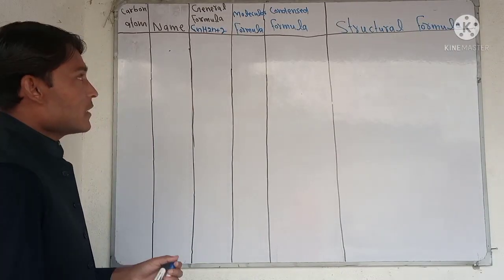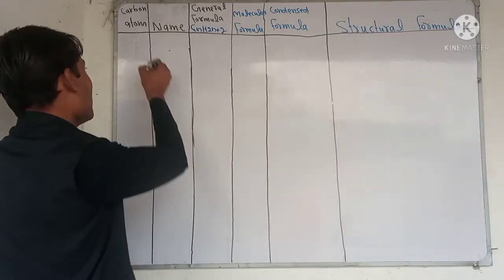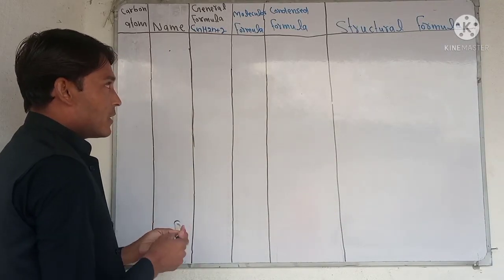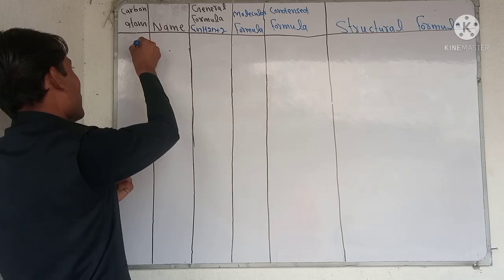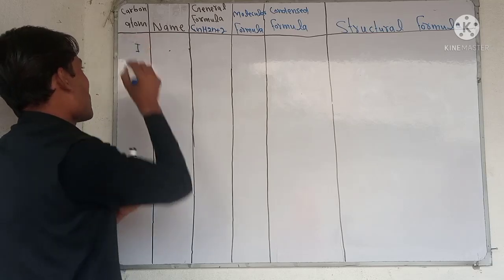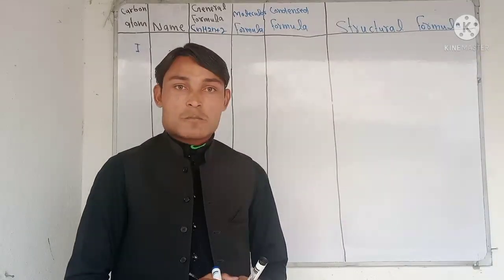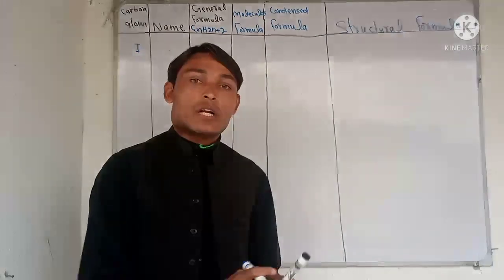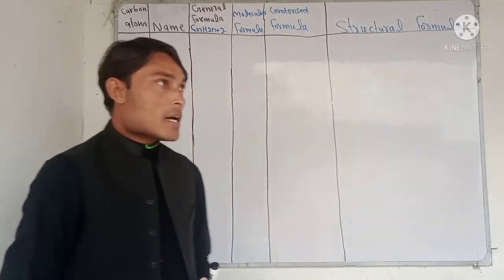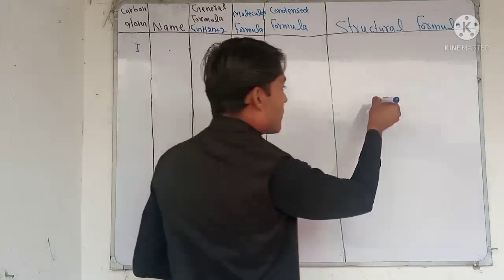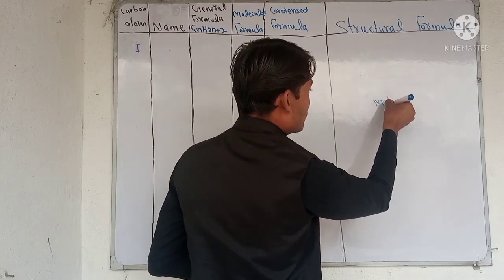If we have 1 carbon atom, that is called 1. As we know, we need prefixes to give a name to alkane. For carbon number 1 the prefix is called meth.